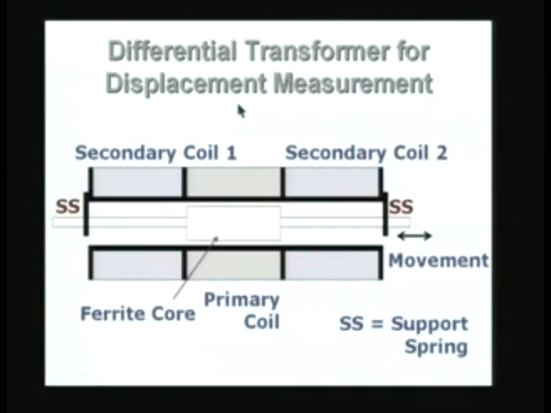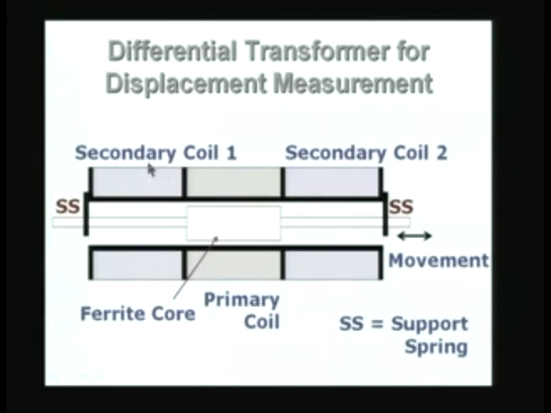Therefore, that is why it is called the linear voltage differential transformer. Linear voltage, because if it moves to the right or to the left, the voltage which is developed between the secondary coil 1 and secondary coil 2 in the differential mode, that is why differential transformer, is proportional to the displacement. So, a linear relationship exists between the voltage and the displacement.